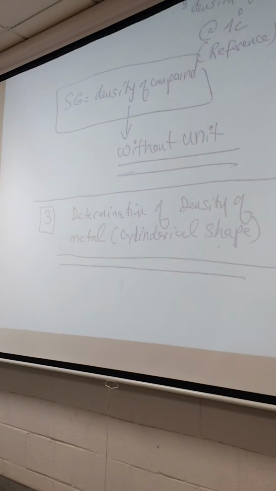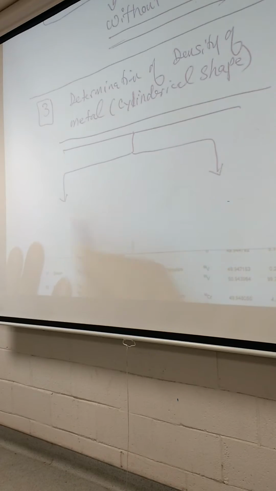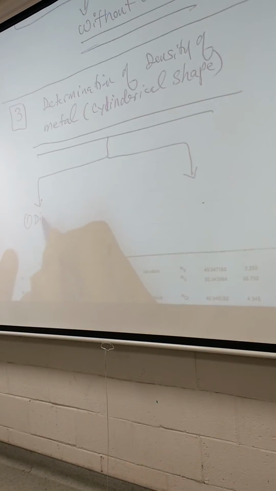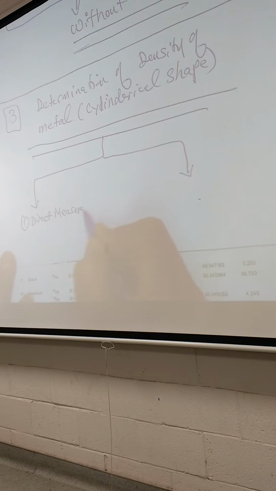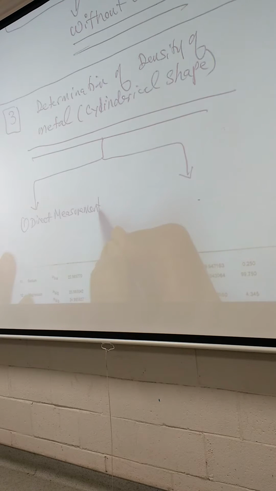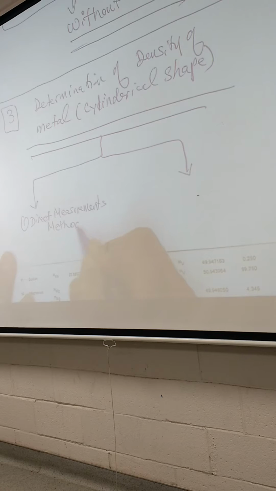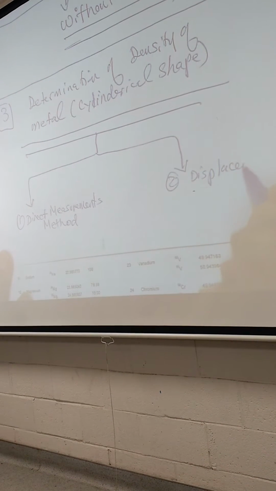And if you look at this, we'll have to do it two ways, two methods here. The first one is direct measurements method, and the second one is called displacement method.